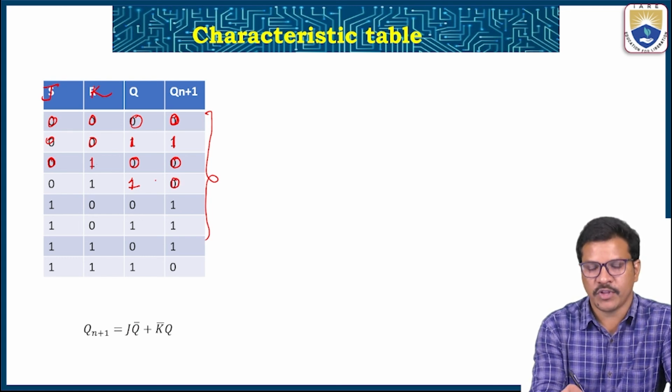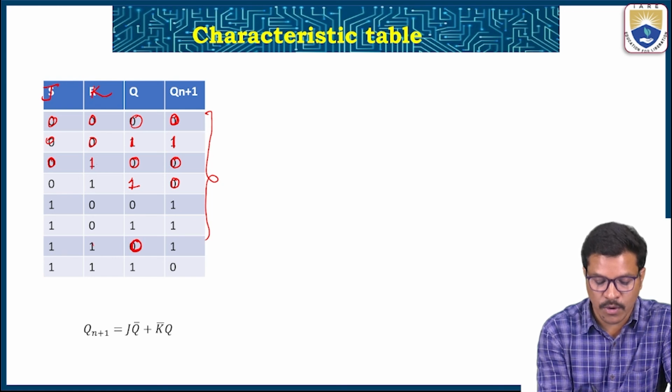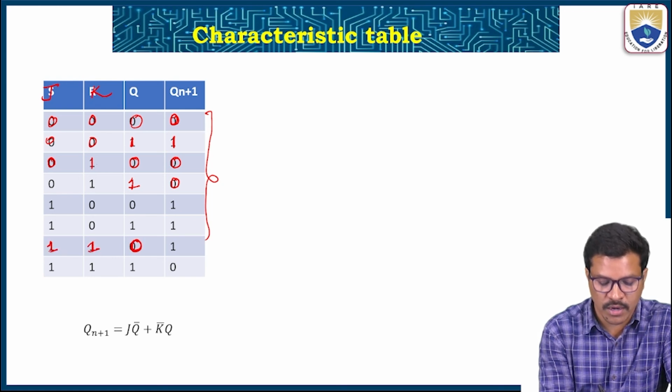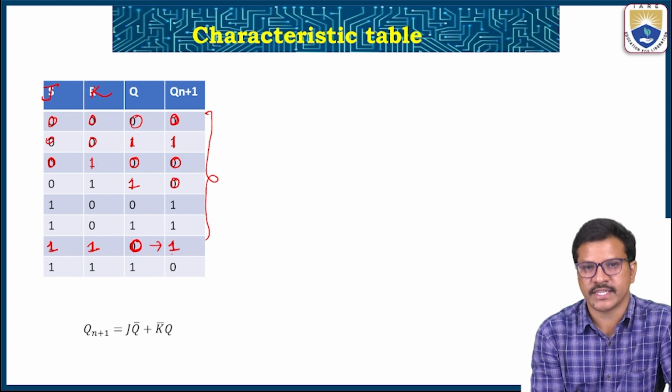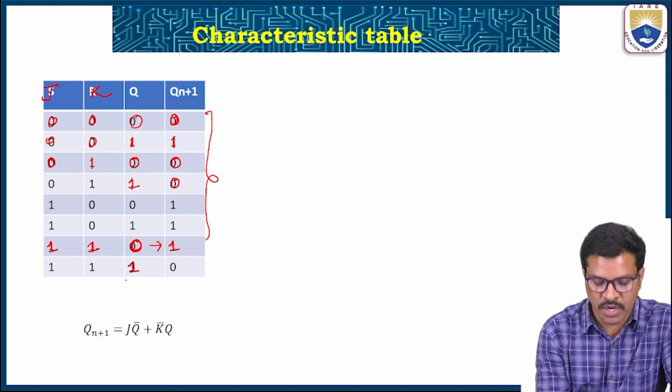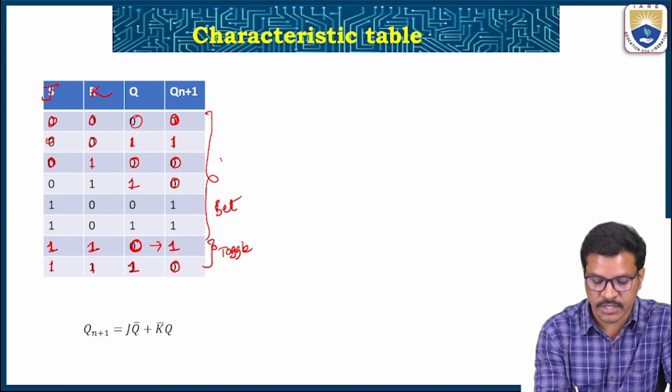Likewise, it is the same truth table as the SR flip flop, except the last two cases. If the present state is 0 and my inputs are both 1, 1, I get toggle output. If the present state is 1, with 1, 1 you will get 0. So this is toggle output, this is set output, this is reset output, and this is unchanged output.